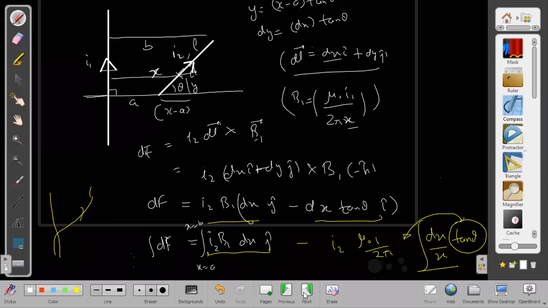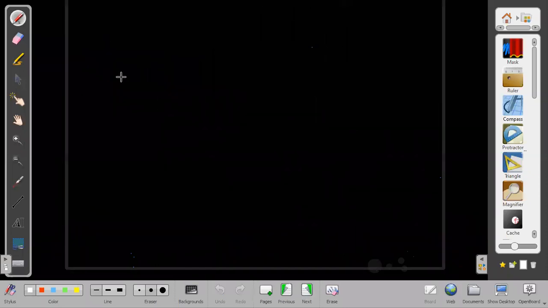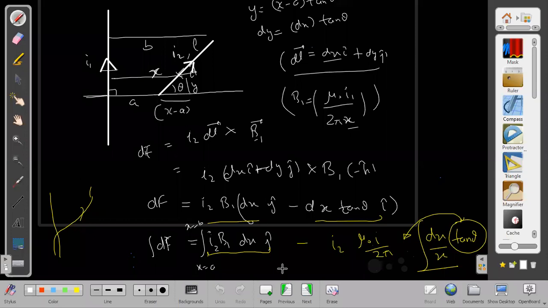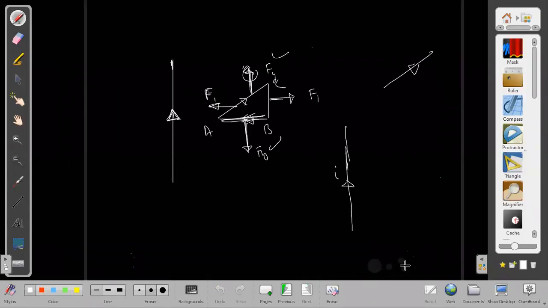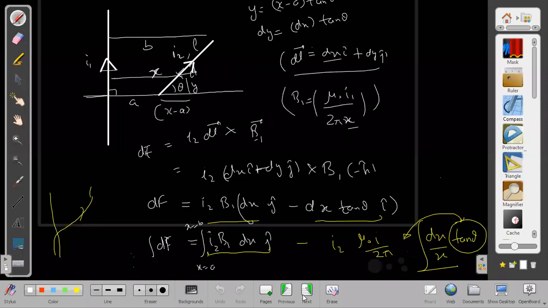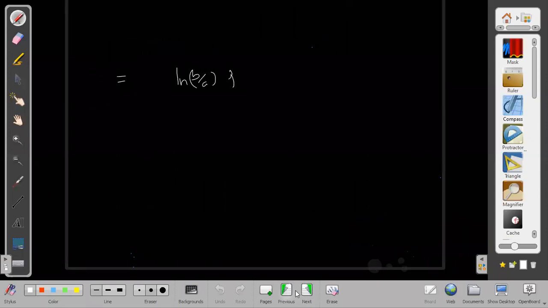Then what do we get in this case and in the next case? In the first case we get dx by x, that is log of b by a term along j cap. And next time we get again log of b by a term along minus i cap. But this term is also multiplied by tan theta this time.